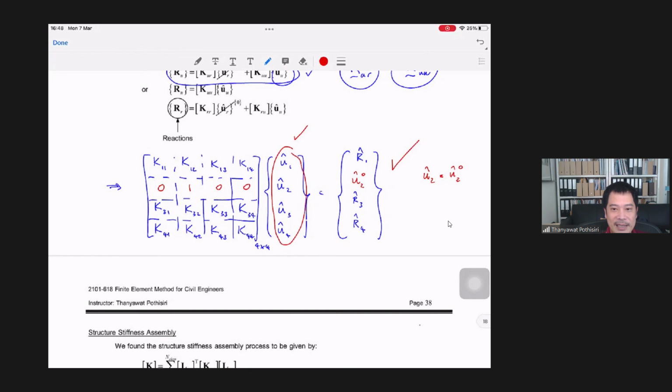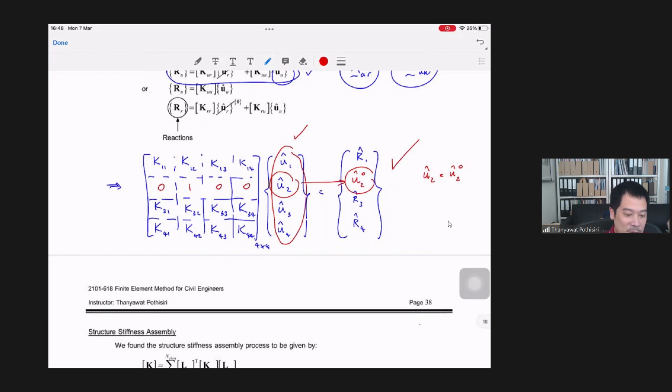You could check if you get your answer correctly or not by looking at the obtained value of your U hat 2. This is another way of doing it.